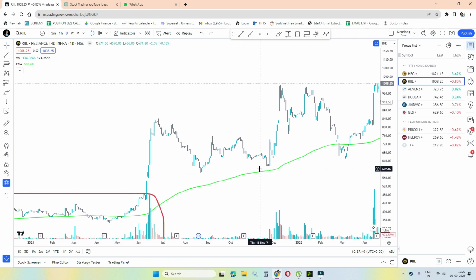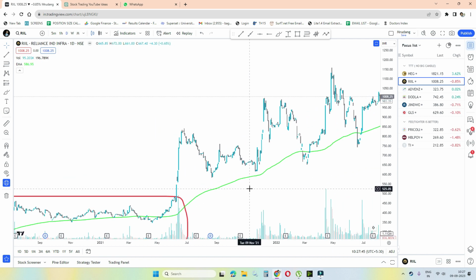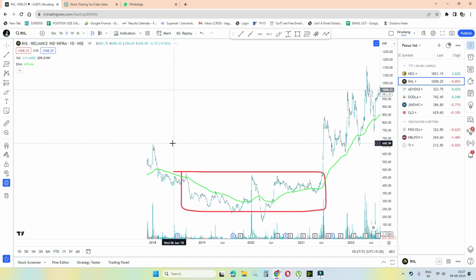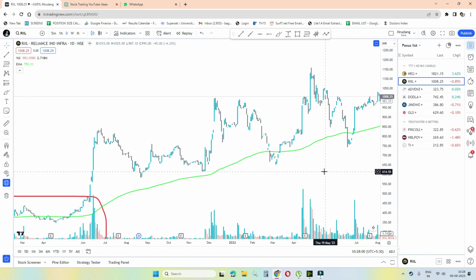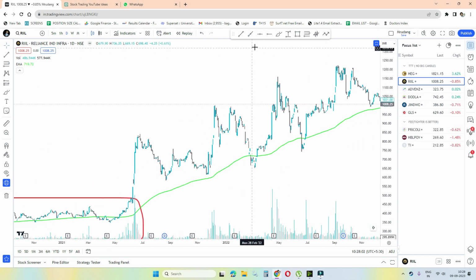The next thing is, let's see the trend. Moving averages can be used to identify trend, identify support, identify a possible entry point, or identify proper resistance also in a downtrending market, like here. Let's focus on this area.